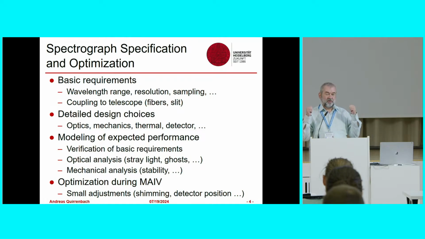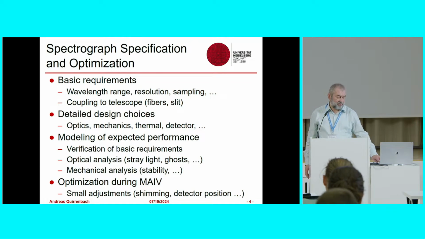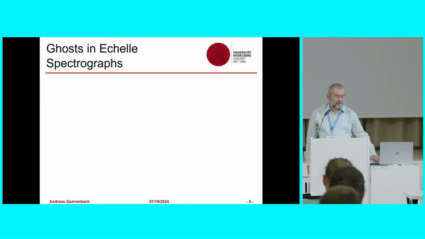And the earlier you catch that perhaps something is not the way you want it to be, the easier it is to rectify. You cannot change the basic requirements when you are too far in the project. So the message is pay attention to these things early on.